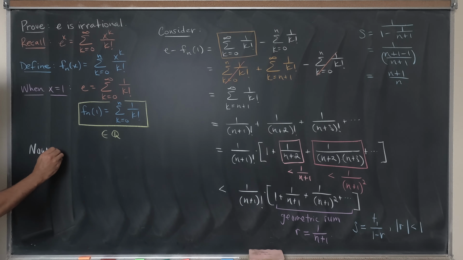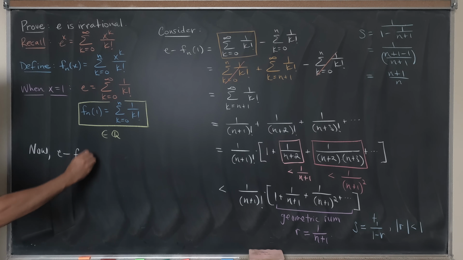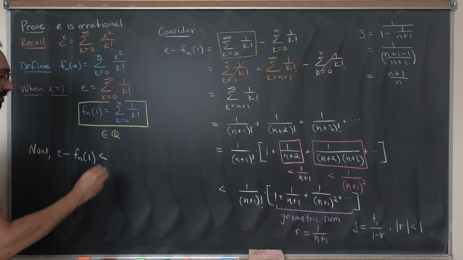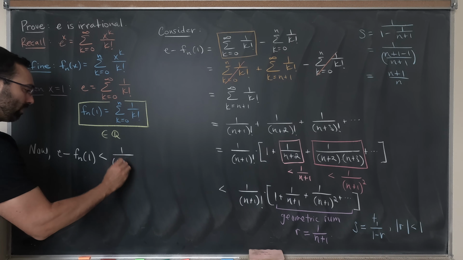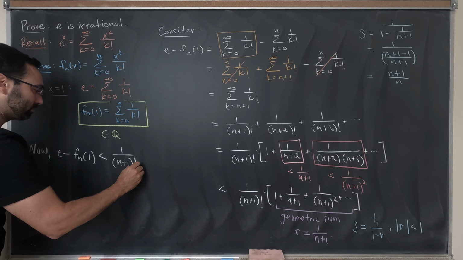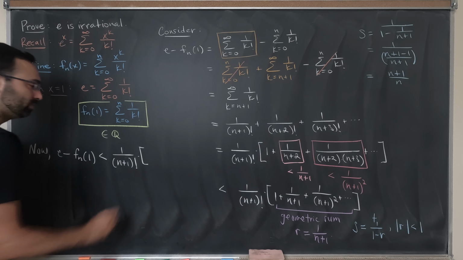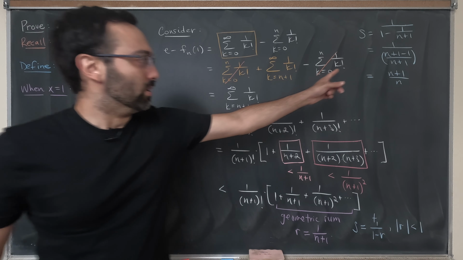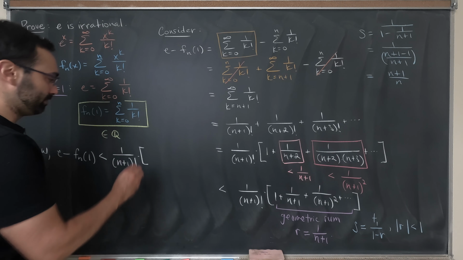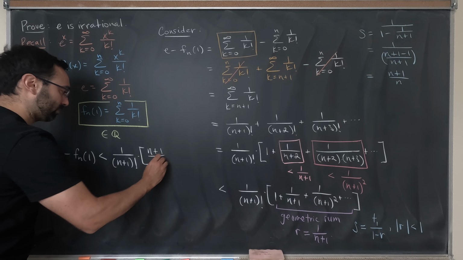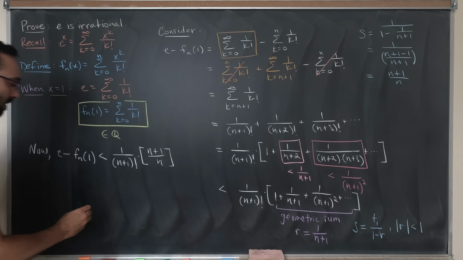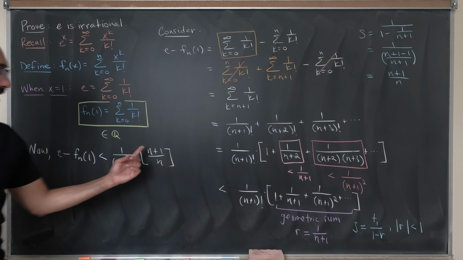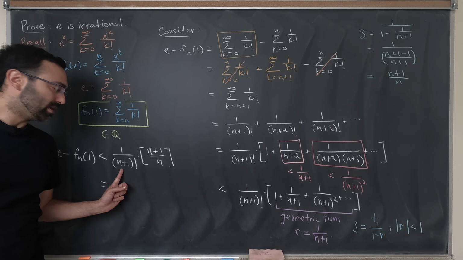So what we can now write is the following. This difference is less than 1 over n plus 1 factorial times what we got here as our geometric sum, that's n plus 1 over n. But of course, this is nothing more than, okay, we have a factorial here beginning at n plus 1.